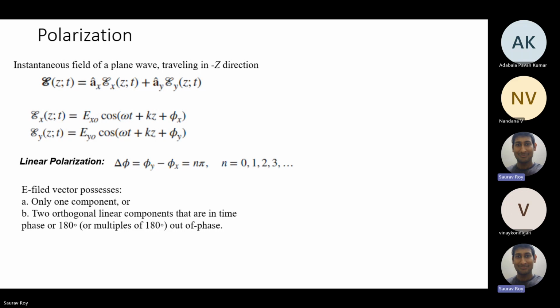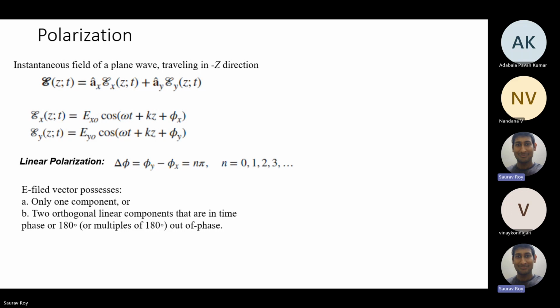When will this n pi arise? If you have only one component, then obviously the ellipse will become a line, right? Because if you don't have Ey and Ex both, the sum cannot be at any other point. It will be only over a line.